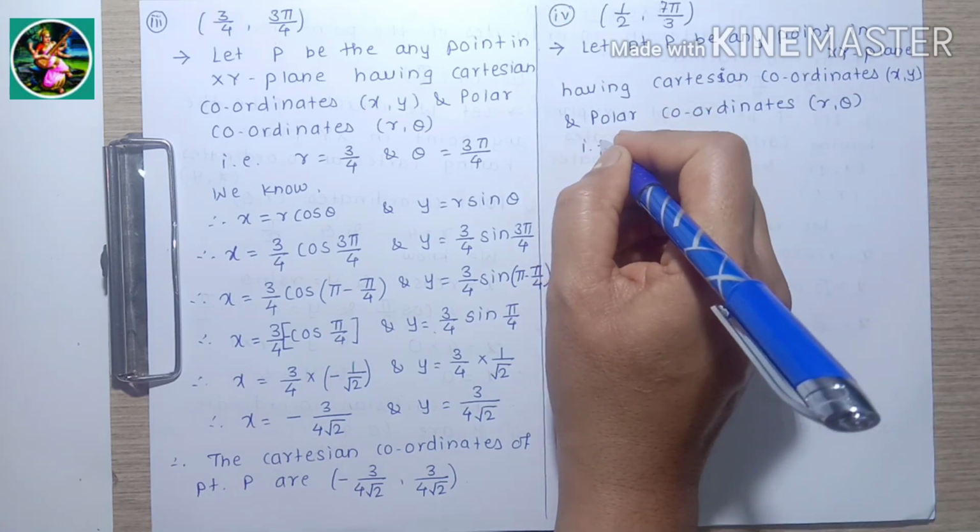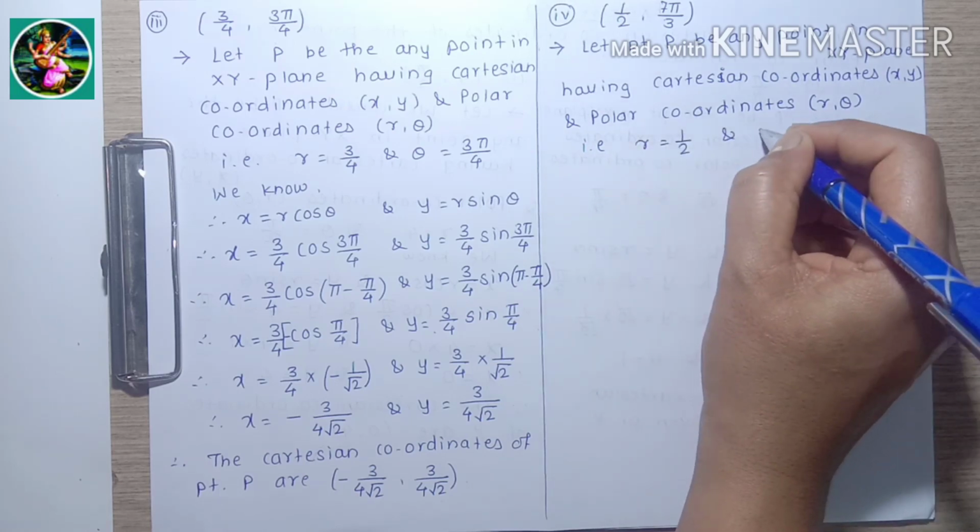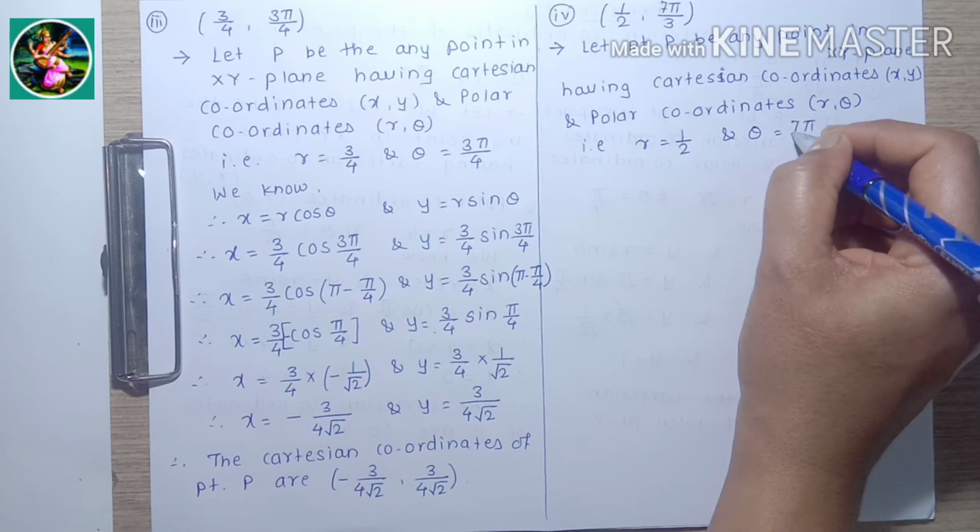Here we have given the value of r is 1/2 and theta is equal to 7 pi by 3.